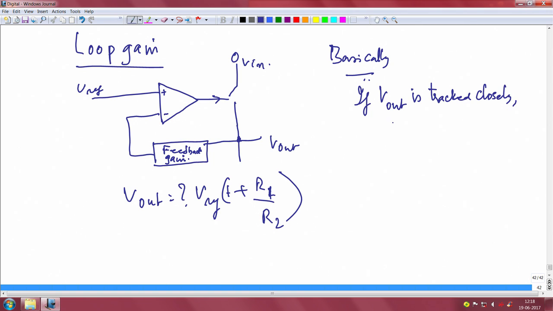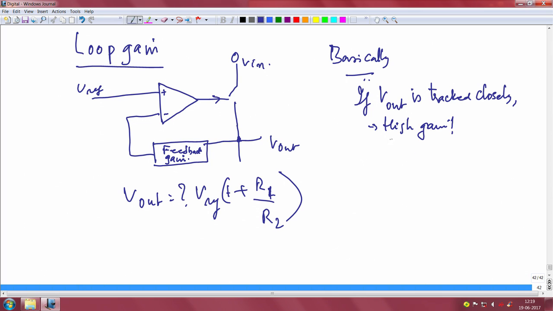right, this is possible only because of the high gain, right. So, sensitive, because of the high gain it is able to sense and track the V out very, very accurately.